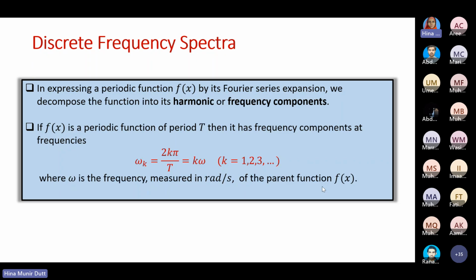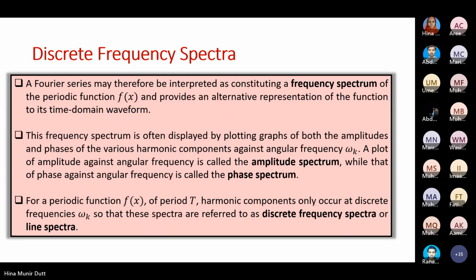So you have this relationship of frequency components. A Fourier series may therefore be interpreted as constituting a frequency spectrum of the periodic function f of x and provides an alternate representation of the function to its time domain waveform.